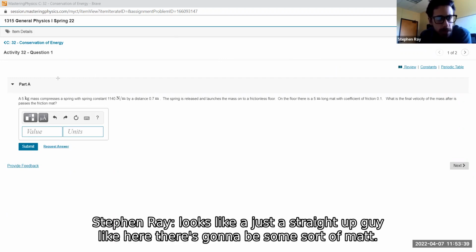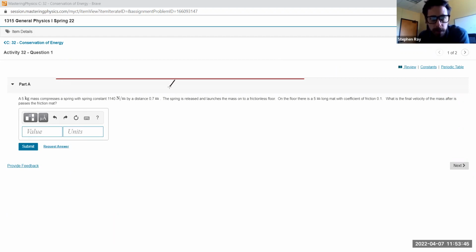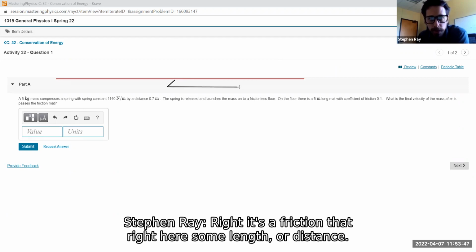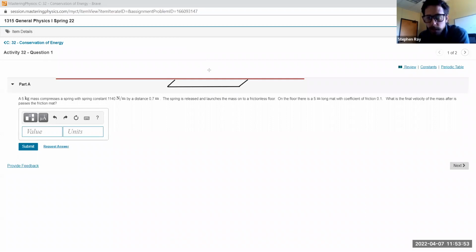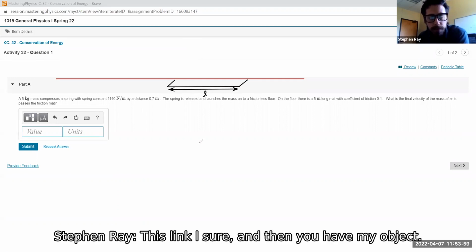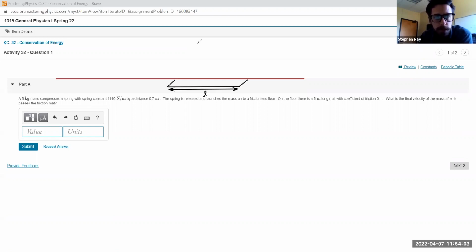Looks like it's just a straight up guy like here. There's going to be some sort of mat, right? That's a friction mat right here, some length or distance. Okay, call this a length L. And then we have my object.